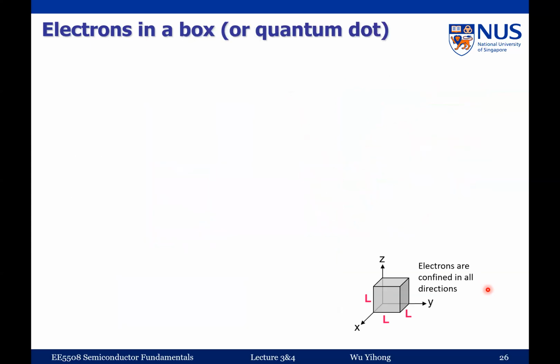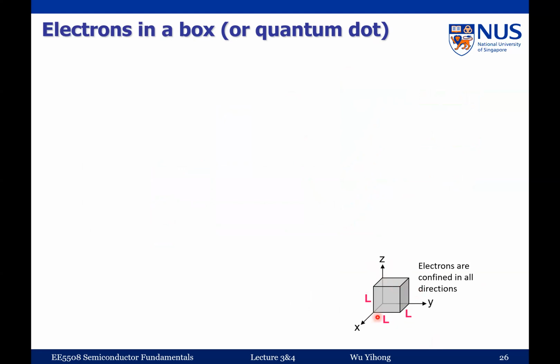Okay. Now we try to confine the electron further. This means we try to confine the electron in the z direction as well. So now we have a quantum box or quantum dot. In this case, you can see that the electron cannot move in any of these directions because this energy barrier is still infinitely high.